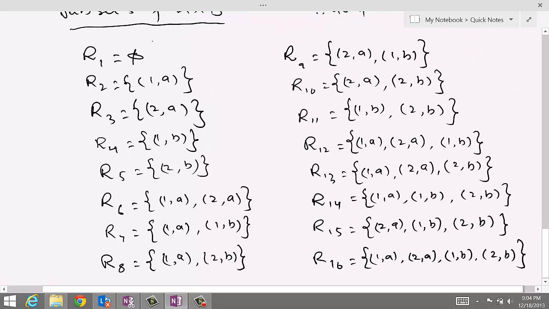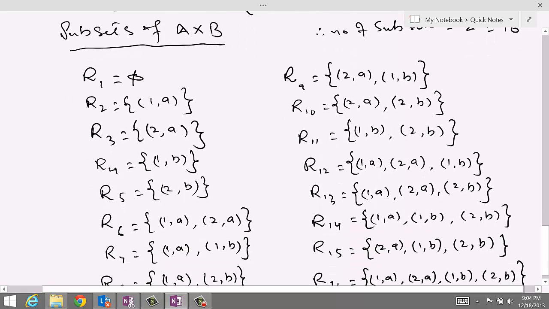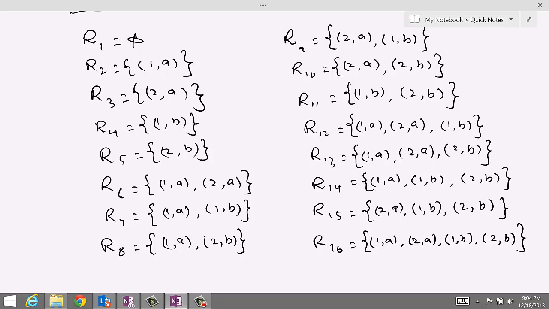So here are all the 16 relations which are in fact subsets of A cross B. Generally we are not required to find all the relations, but anyway, these are all the relations from set A to set B. Similarly, if we define B cross A, we might be asked to find relations from set B to set A.